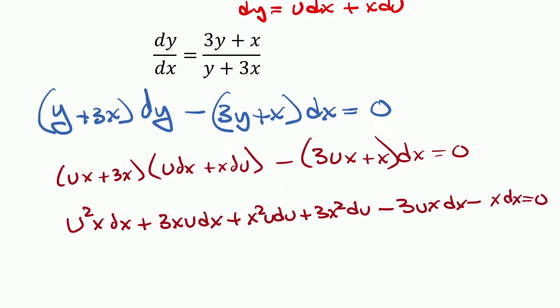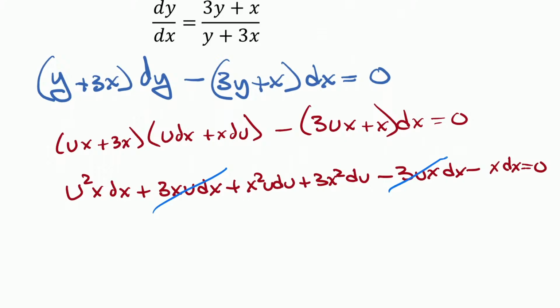So I've just multiplied. Got to collect all the dx's together. Do I get to cancel? Oh, joy. That's always exciting. Is there anything else? I don't see anything else cancel. Okay, that's it?